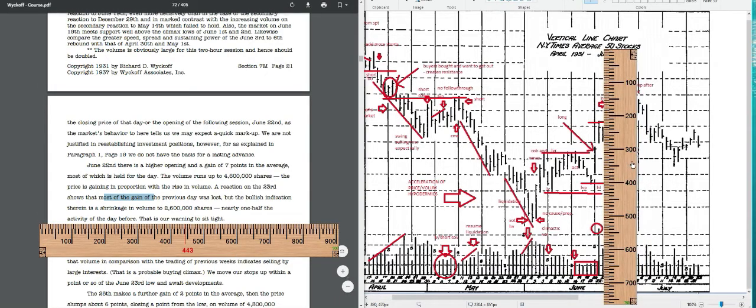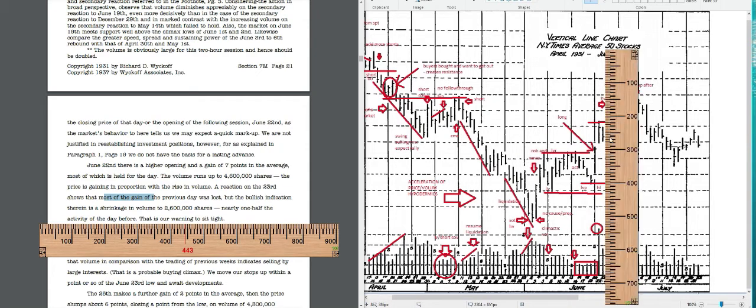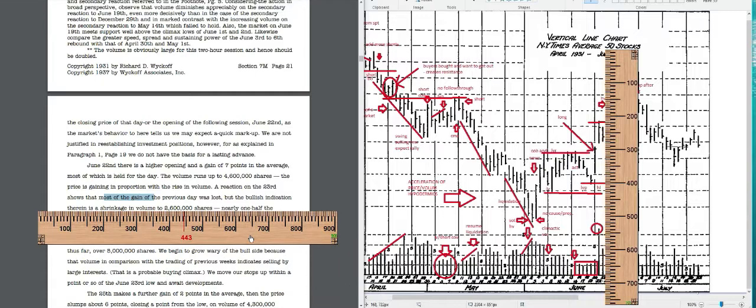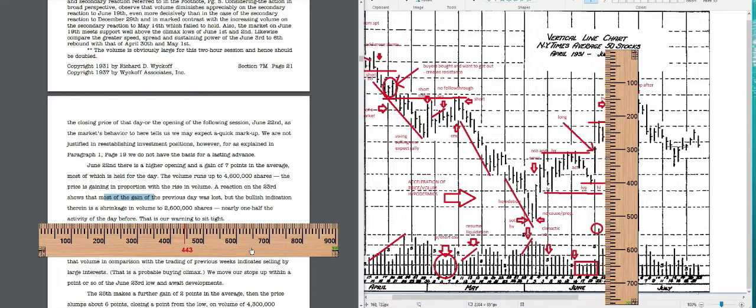My bad, it's this bar right here. So he's saying this is the bullish bar. And this is the breakout, and this is the pullback, and it's almost half. But the bullish indication therein is the shrinkage of volume to 2.6 million, nearly one half.